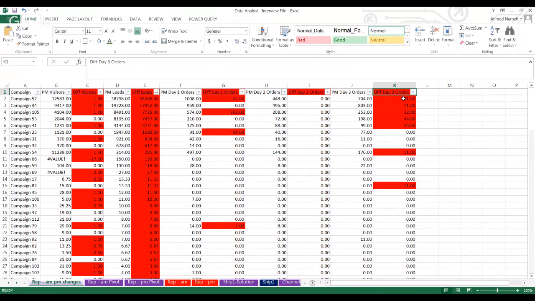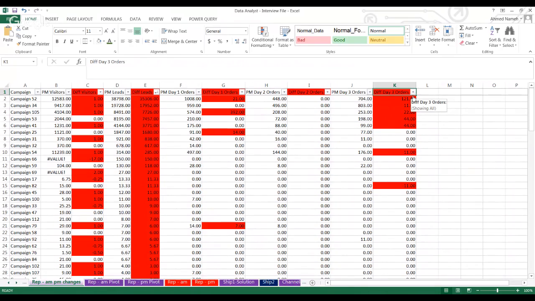We're going to start with day 3 orders and make our way all the way to visitors and look at where the discrepancies are and pinpoint them. From that point, you can investigate why they exist and what solutions can be implemented to avoid having to deal with this issue again.